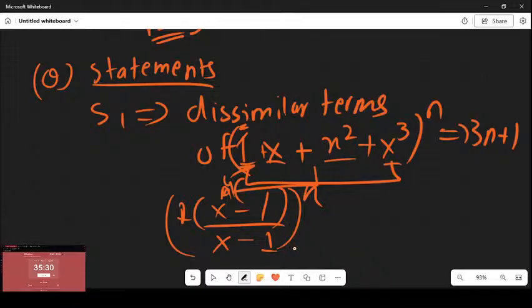Okay, I have to further simplify this. This will become a bit lengthy. I have to break this down into a simpler format.